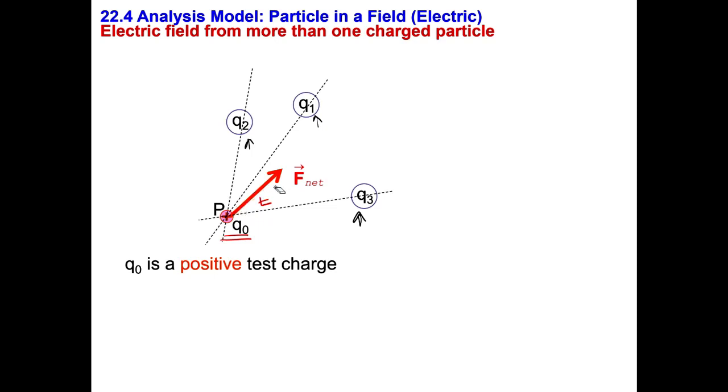So, for example, let's assume this is E1, let's assume this is E2, and let's assume this is E3. I'm assuming that all of the charges are negative, but it's not necessarily the case. And you just add these vectors.